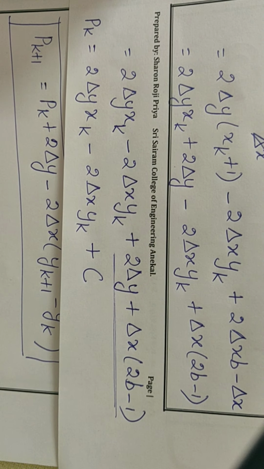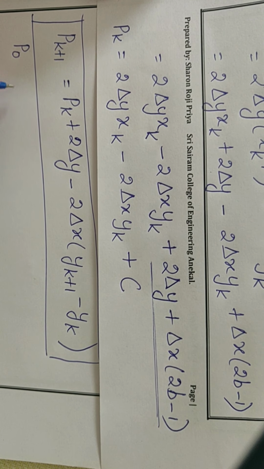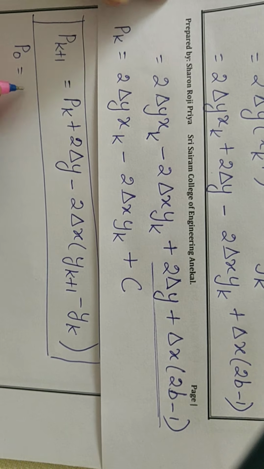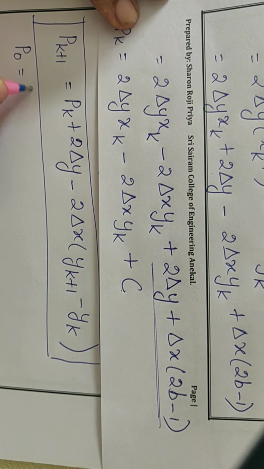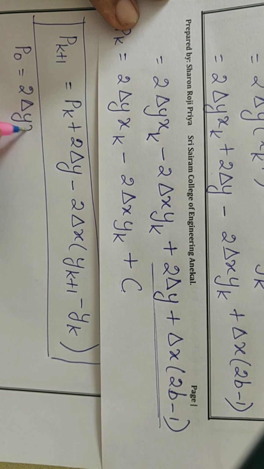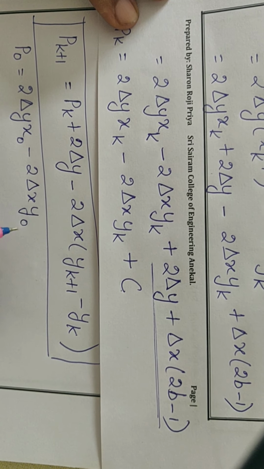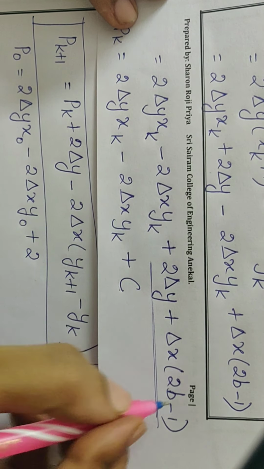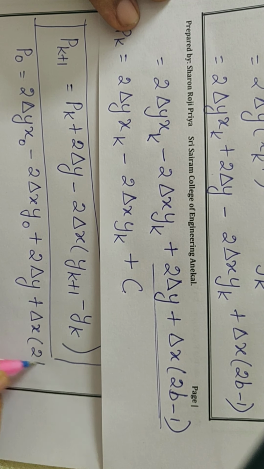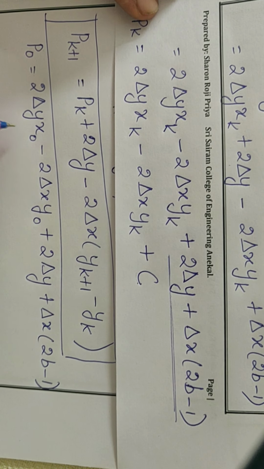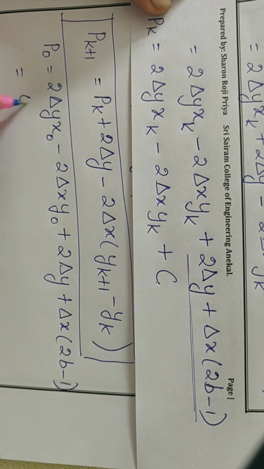I have to find p naught, the initial pk value. So it will be 2 delta y x naught, minus 2 delta x y naught, plus my constant delta y plus delta x times 2b minus 1. Origin means 0, 0, so everything becomes 0.